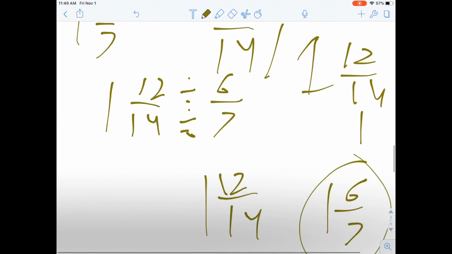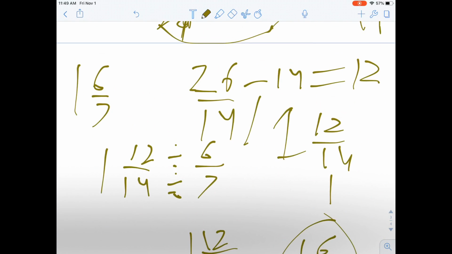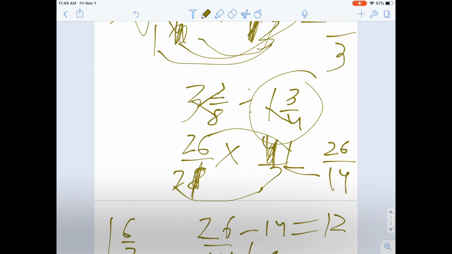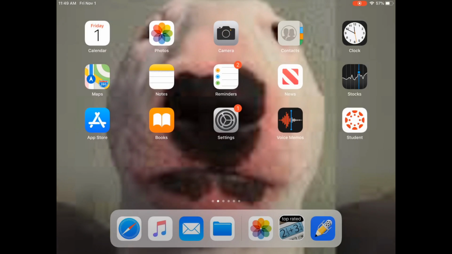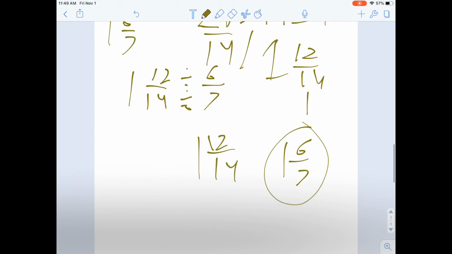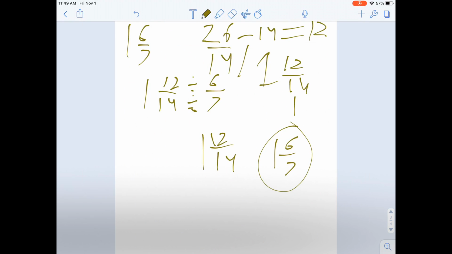And so for our other answer, we got 1 and 6/7. What did I get? 1 and 6/7. So I hope you can benefit from this, and I hope you learned how to finally divide mixed numbers and whole numbers.